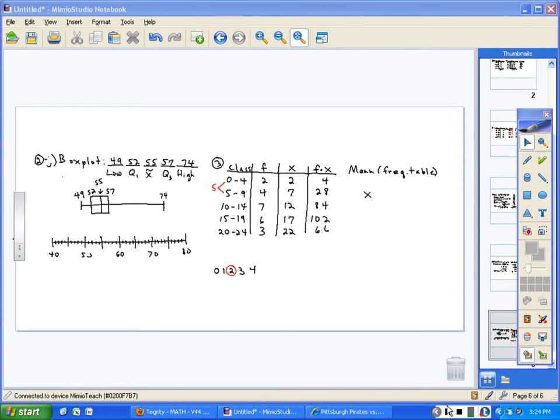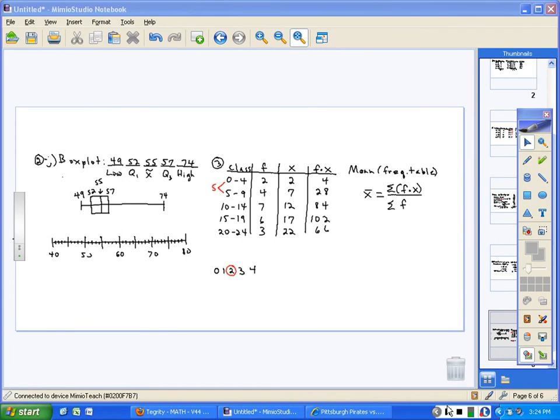The formula is X bar is equal to, I don't like the way that my equal sign looks. Let me fix that a little bit. Is equal to, when it's a fraction, the numerator is the sum of, and then parentheses, F times X, and the denominator is the sum of the F's.